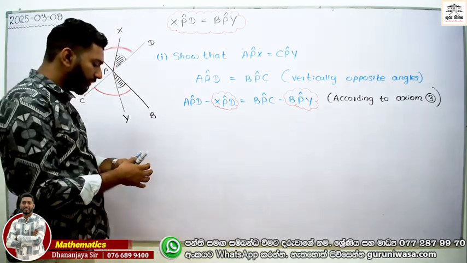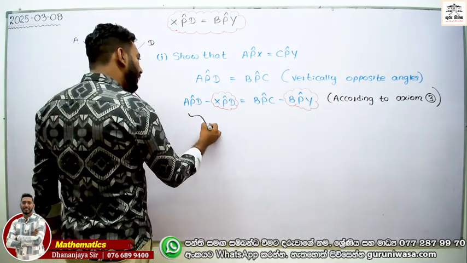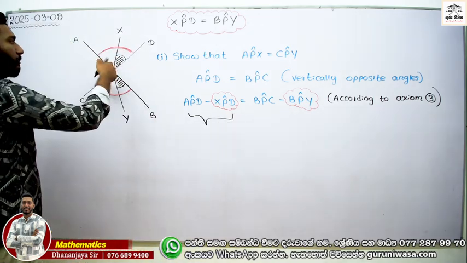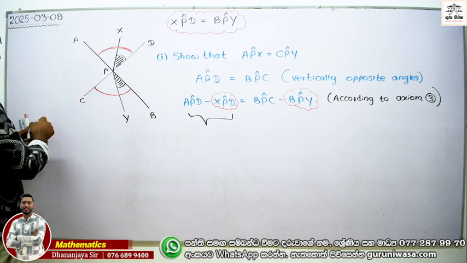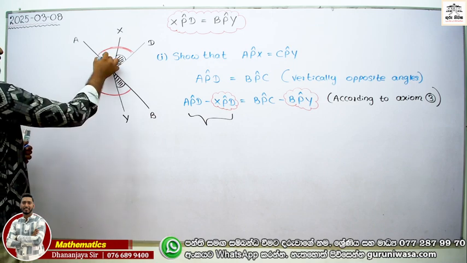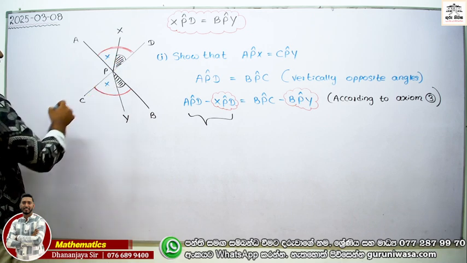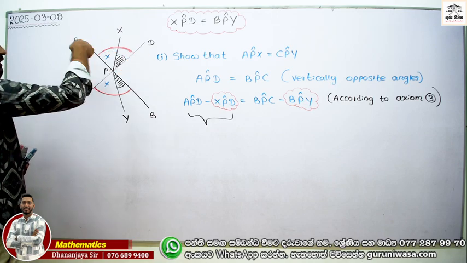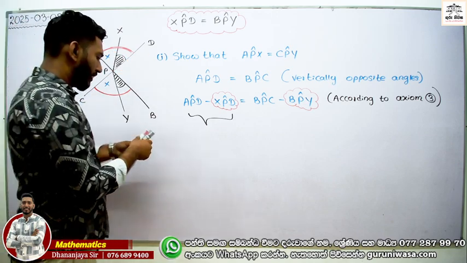Now tell me, APD minus XPD. APD minus XPD becomes the blue colored one like this. Yes. So I will write APD minus XPD becomes APX.